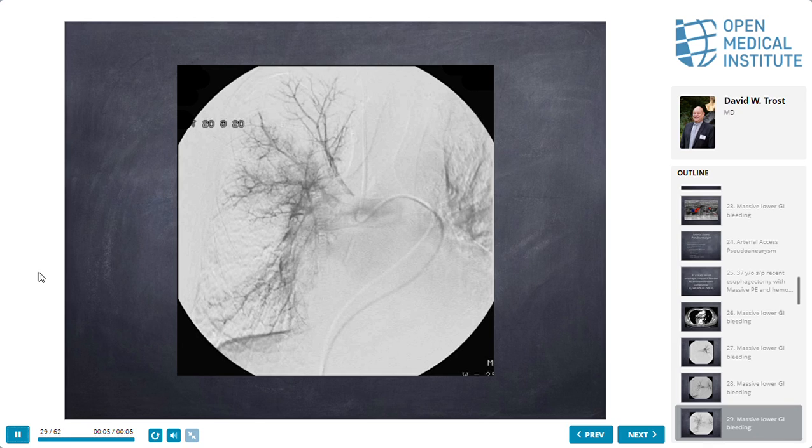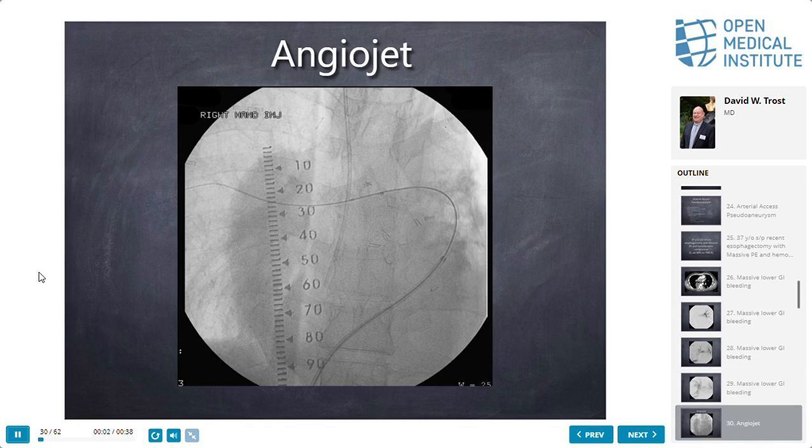looking like this. This was back in the day when we used something called an angiojet. Do you ever use angiojet in the lungs? No, don't do that anymore. That's an absolute contraindication. When I turned this on, this is before they said don't do it, the patient had crushing chest pain and felt he was going to die.